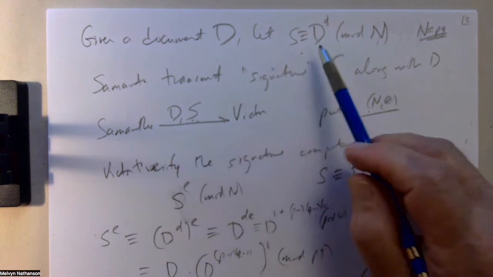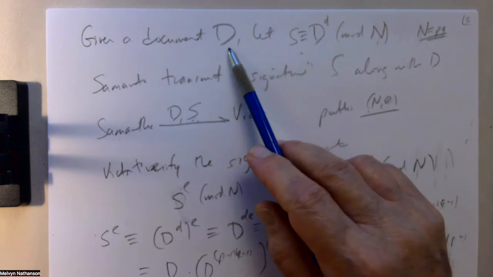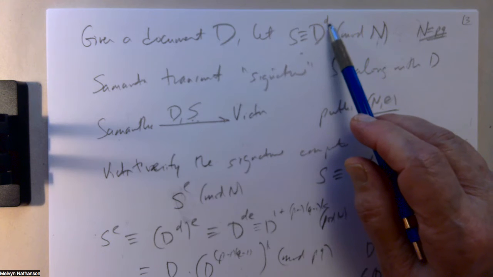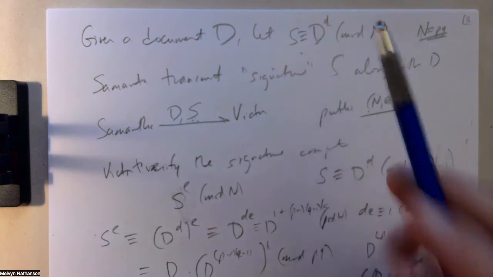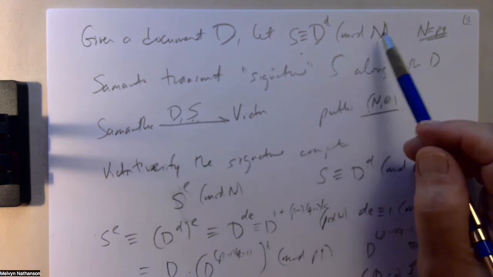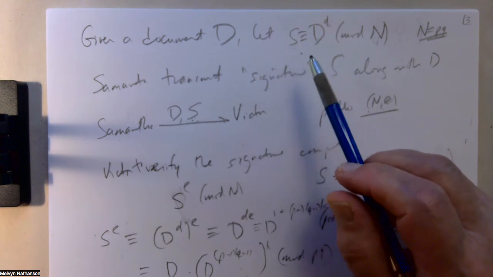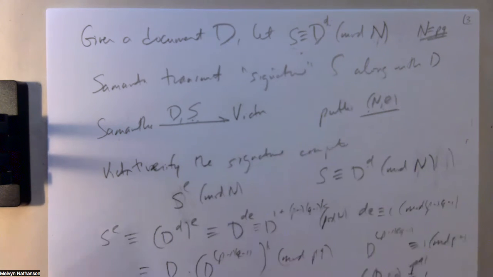So what Samantha does is she takes the document D. Again, everything is an integer. She raises the document to the power little d, lowercase d, which no one knows. She hasn't told anyone what that is. Reduces it mod capital N, and that number is her signature S. So she transmits her signature along with the document to Victor.